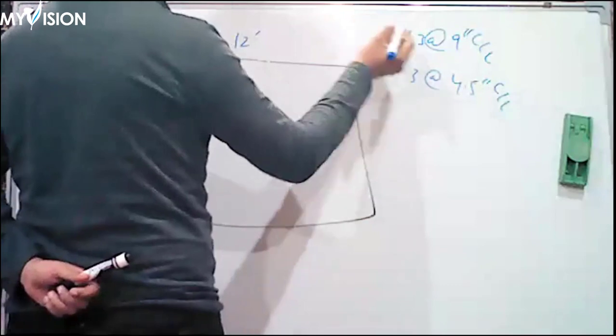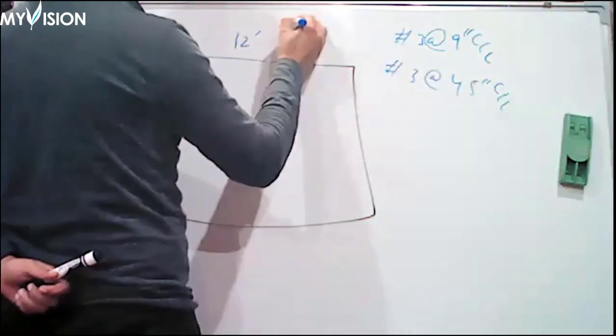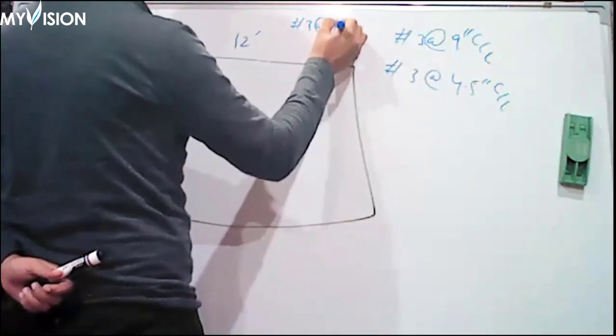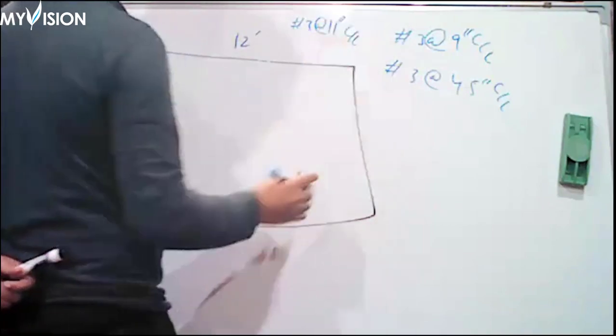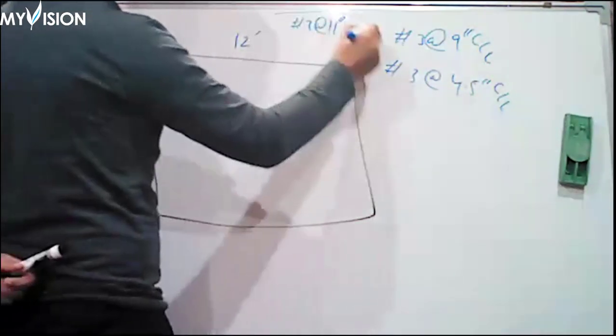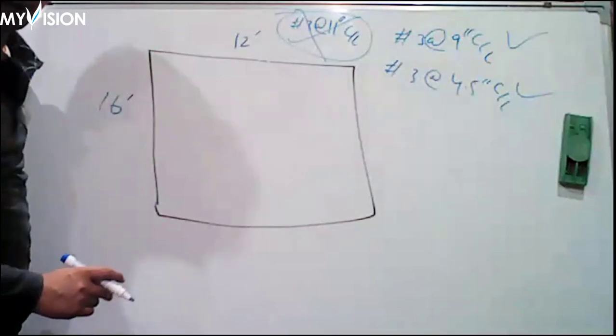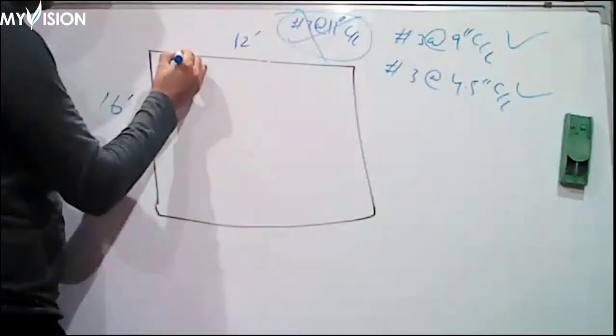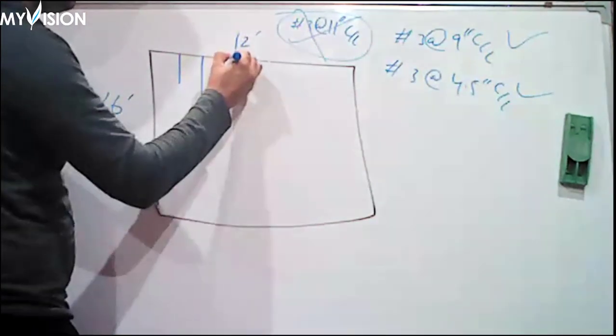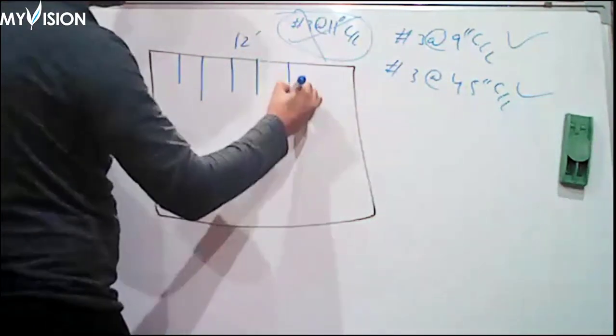The exact value is, for example, number 3 at the rate of 11-inch center to center. But I am not using this value. I am using this value. Why? Because see over here, this is spacing, this steel reinforcement will be like this.